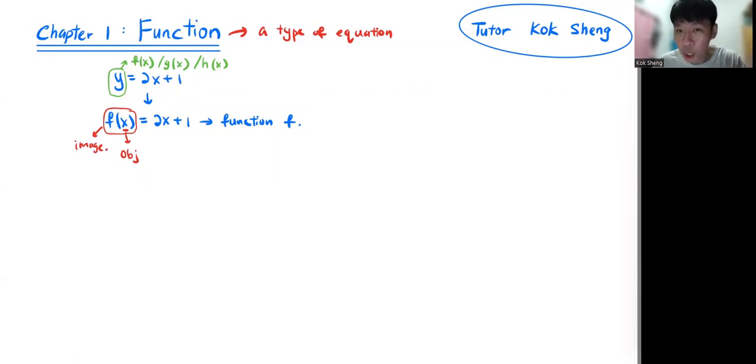So you have to know which one is object and which one is image. The x is the object, and the whole thing f(x), the y, is the image.